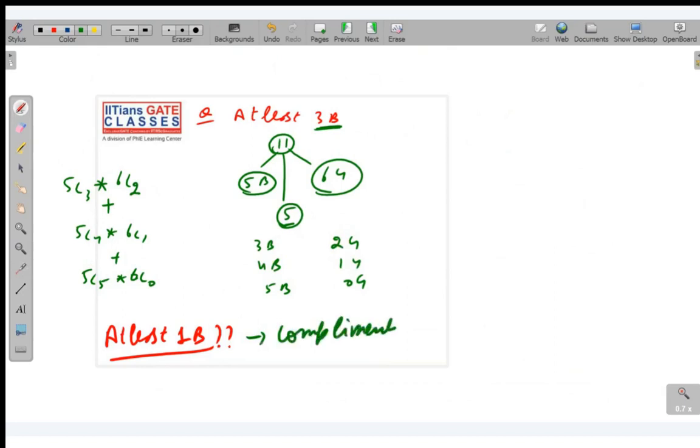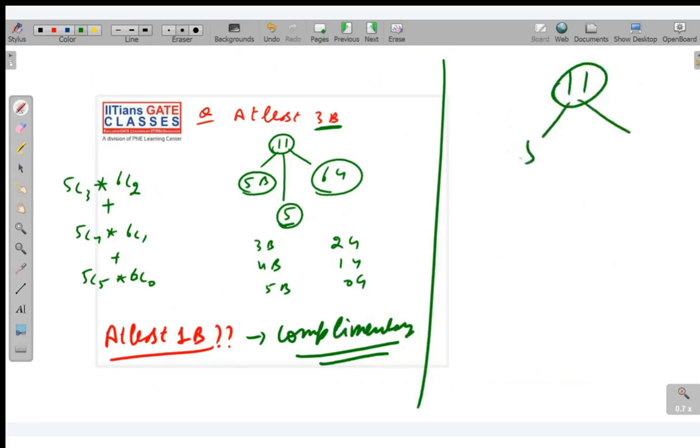Complementary means, let me draw the figure again here. From the 11, 5 boys and 6 girls, you want to pick 5 persons, or 5 candidates. And what are the ways?